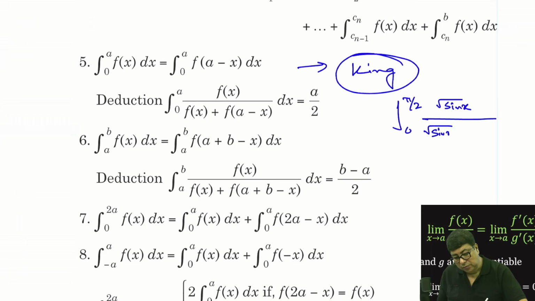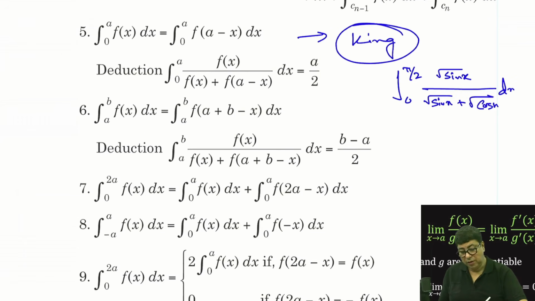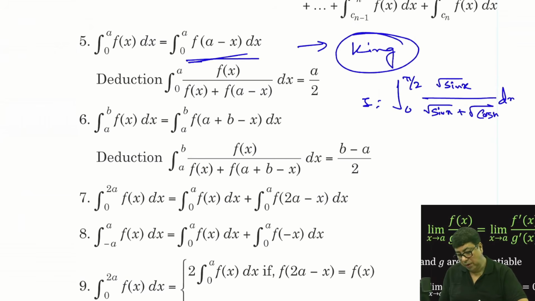How to solve this sum? How can we solve it? Just see one thing. This is I, and I am using the king property. Root over sin of pi by 2 minus x is cos x.